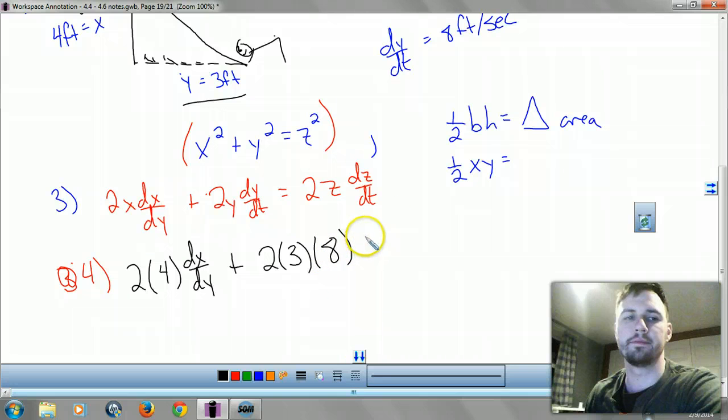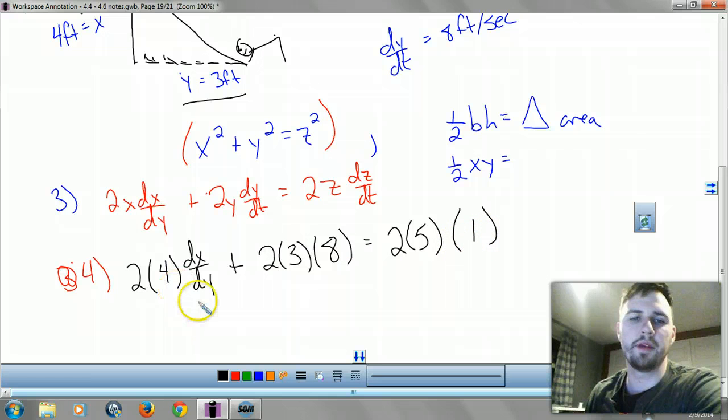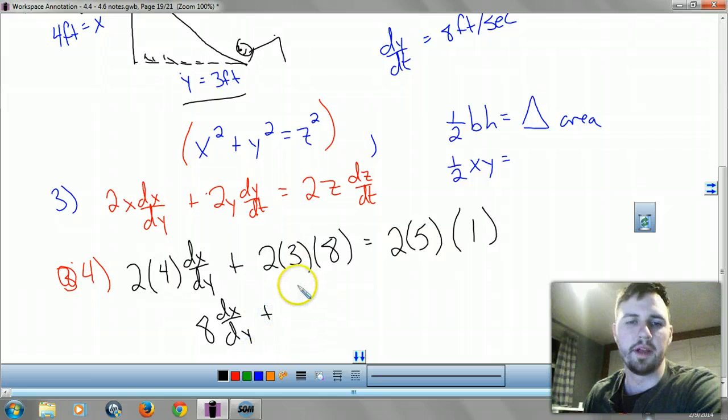Now, we know z is 5. And our dz is 1. Okay? So when I plug this all in, you get 8 dx over dt plus 6 times 8 is 48 equals what?